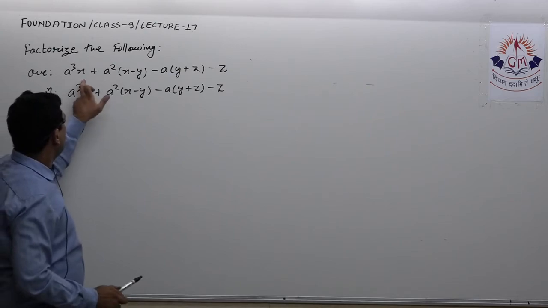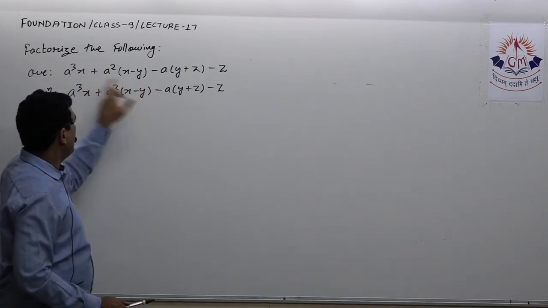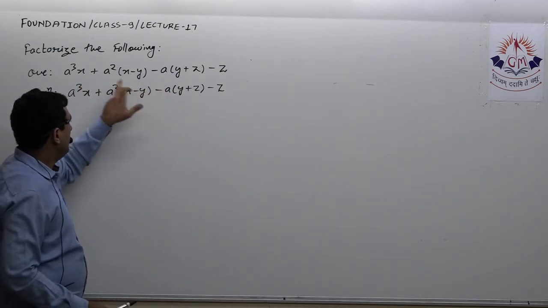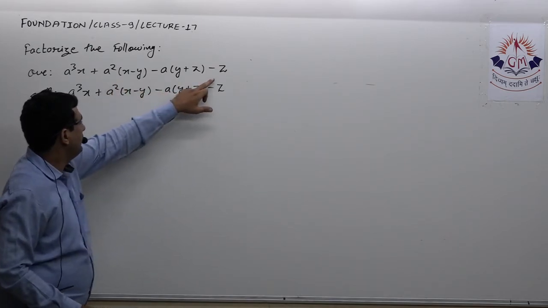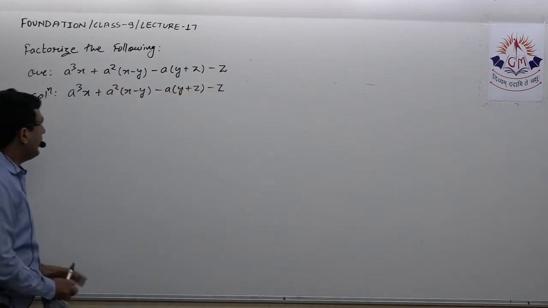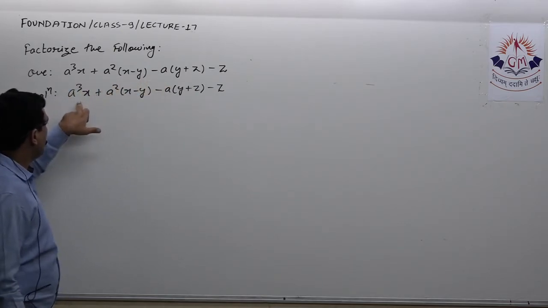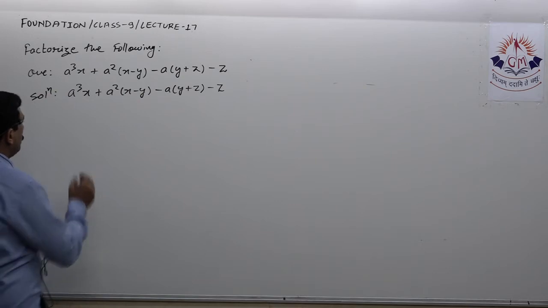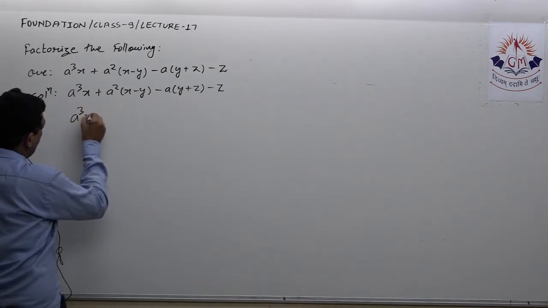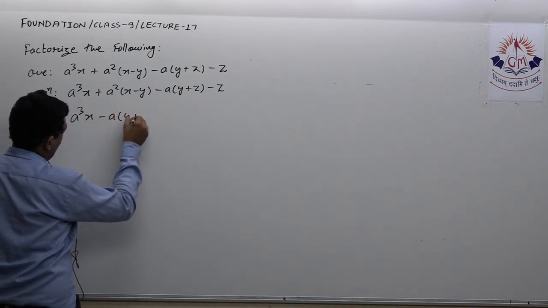Now if I think of taking common from the first and third, and from the second and fourth, you can see definitely from the first and third we can take common a. So for that I have to rewrite it in this way.